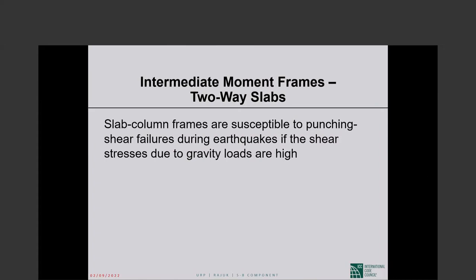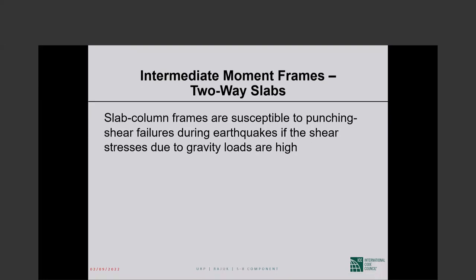If shear stresses due to gravity loads are high, those are taking up much of the shear carrying capacity of the slab, and then you don't have room for additional punching shear caused by moment transfer, which would come from earthquakes. Okay, so slab column frames are susceptible to punching shear failure during earthquakes if the shear stresses due to gravity loads are high.